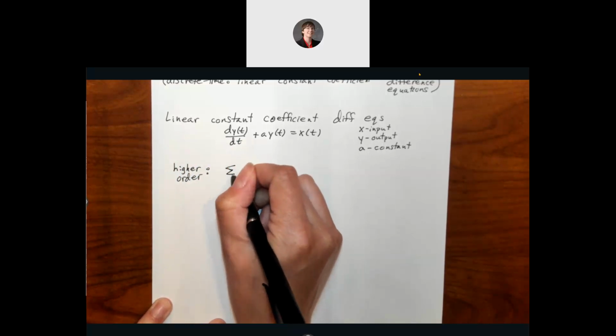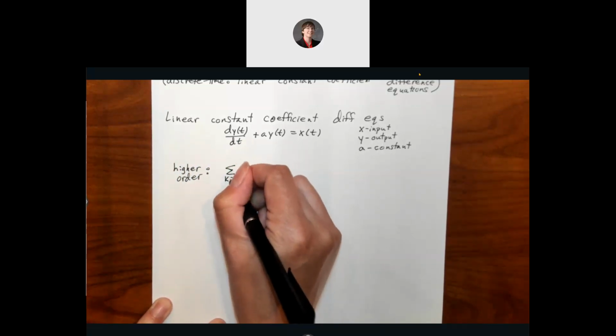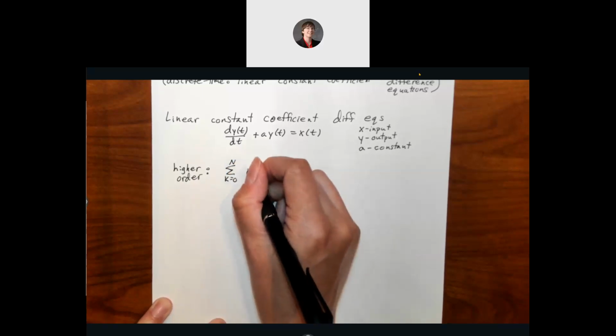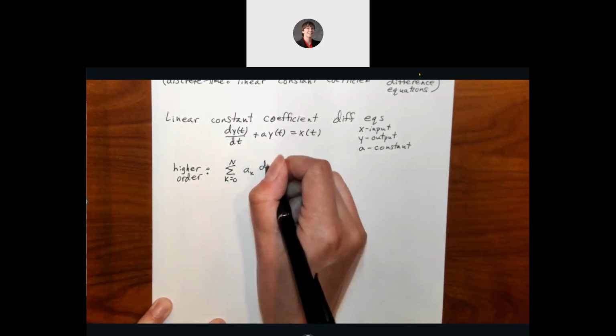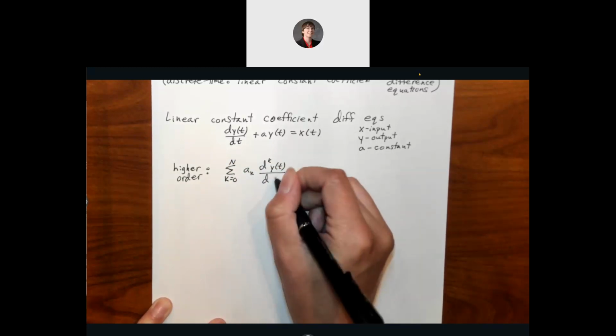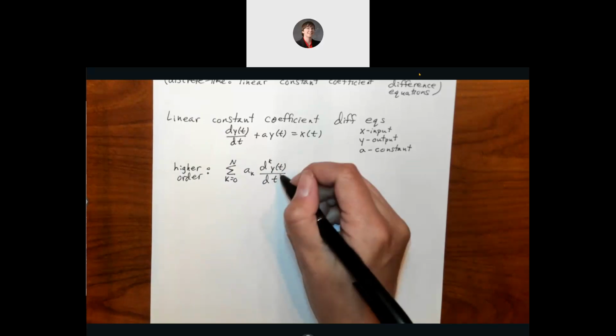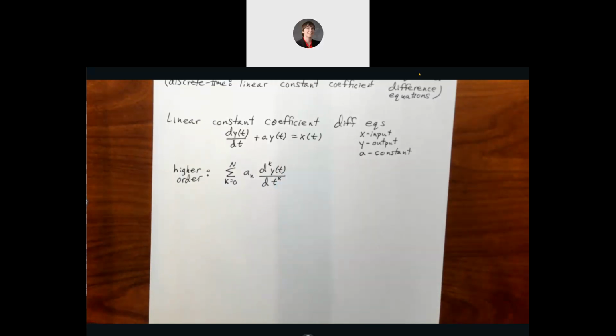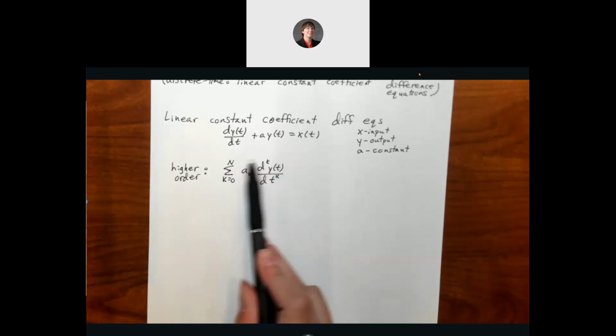So you can have a linear combination of different order differences here, differentials. All right, so you could have d/dt, d2/dt2, d5, however many derivatives that you want to take.